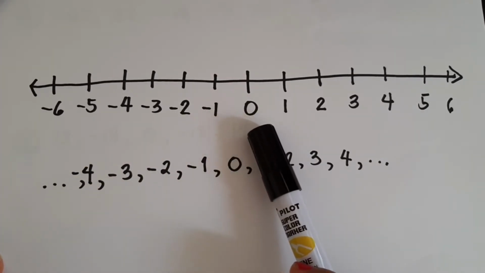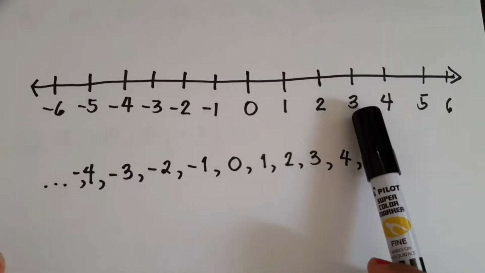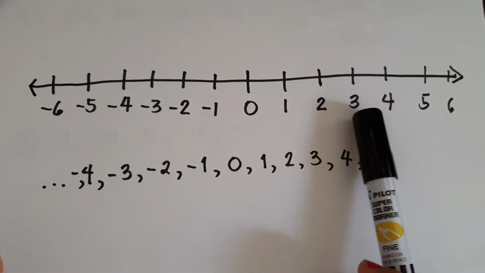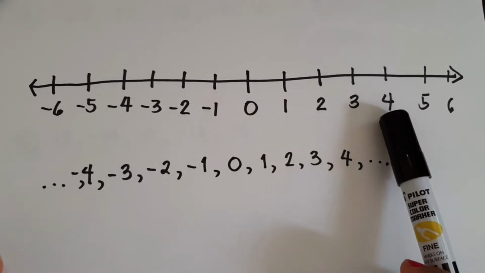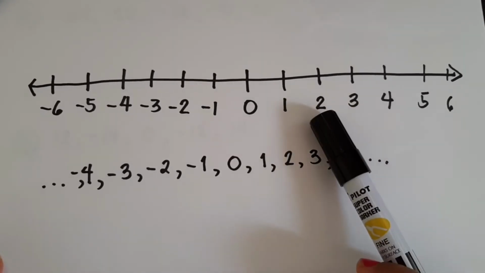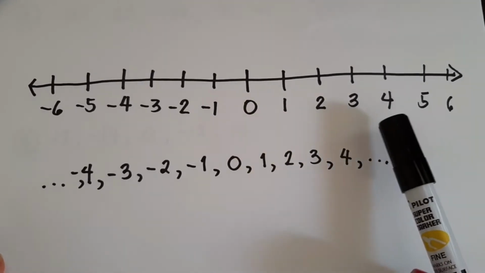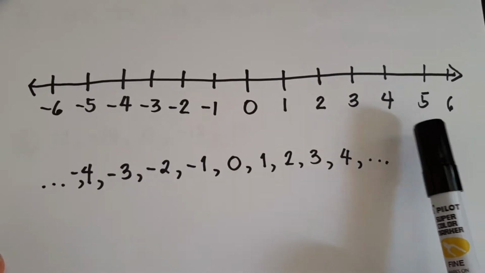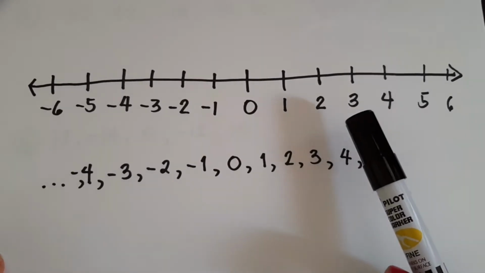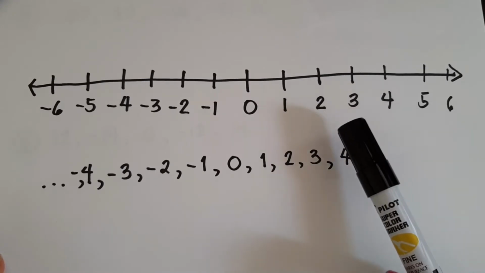And also the same with 2 is greater than 1. 3 is greater than 2. 3 is greater than 1. And 4 is greater than 3, 4 is greater than 2, 4 is greater than 1, and 5 is greater than 4, 6 is greater than 5, 6 is greater than 4, 6 is greater than 3.